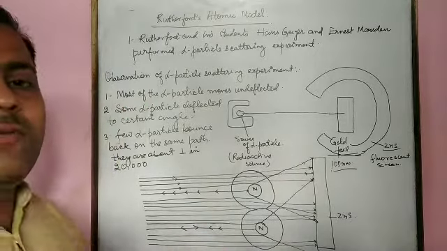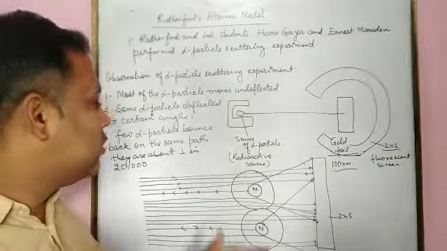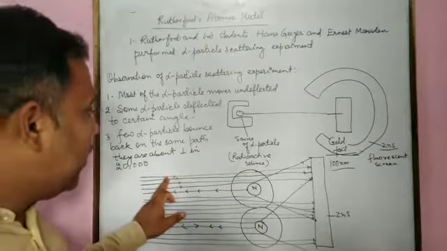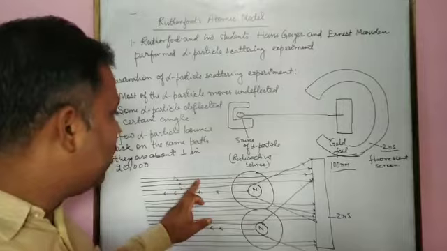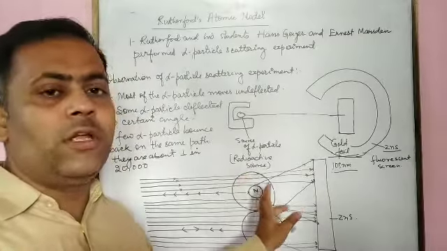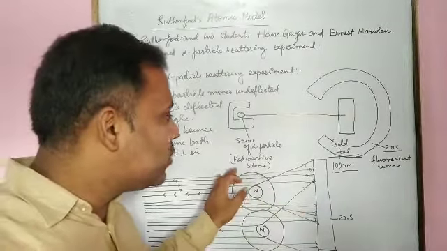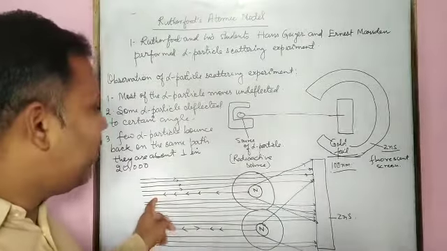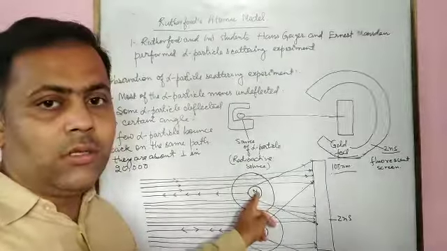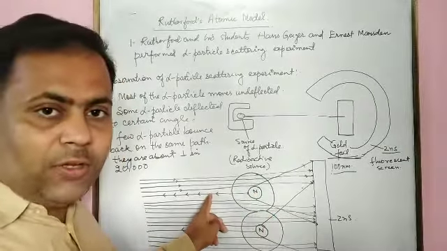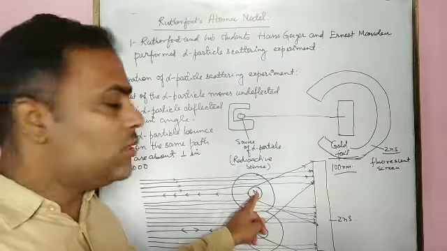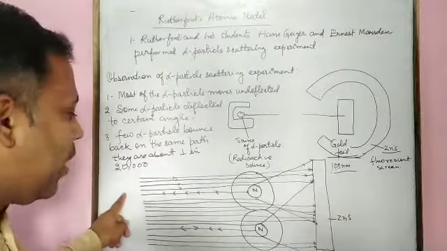Why were these observations obtained? It means when the alpha particle moves through the empty space of the atom, then it moves undeflected. Next, when the alpha particle collides with the nucleus, though the alpha particle is positively charged and the nucleus is positively charged, in that case it bounces back on the same path.